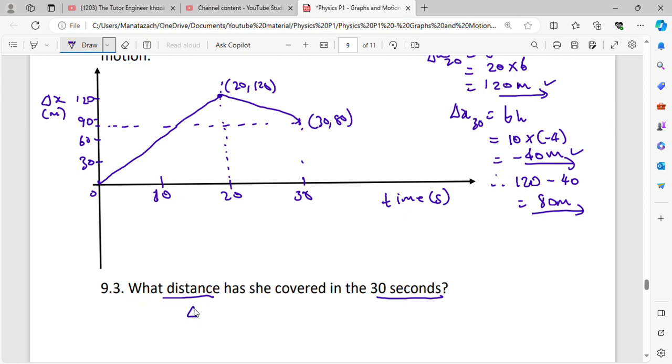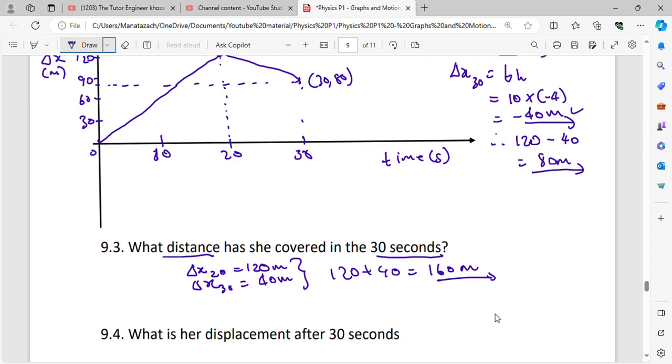Remember, we calculated x at 20 seconds as 120 meters, and then x at 30 is going to be 40 meters. So we're not taking into account the negative sign. So the distance will be the sum of the two, which is going to be 160 meters. So that will be the distance.